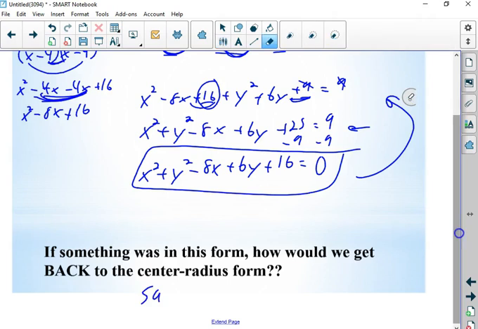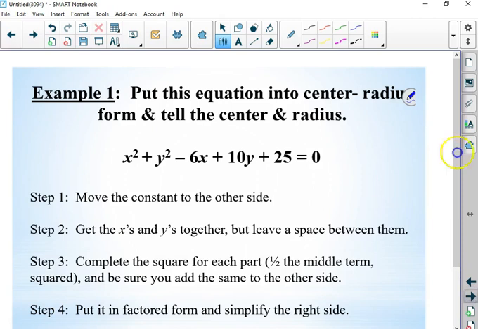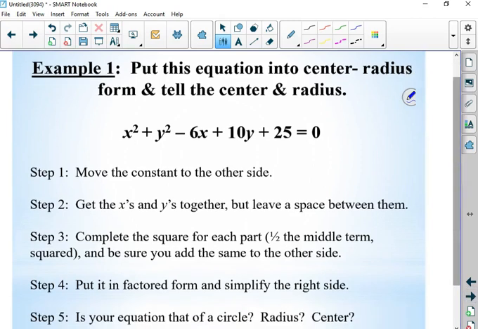Nope, not squaring. That's the second word. Completing the square. Actually, it's the third word. Complete the square. Now, on the next page, we're going to learn how to do that. So, we're going to take this standard form and put it into center radius form.